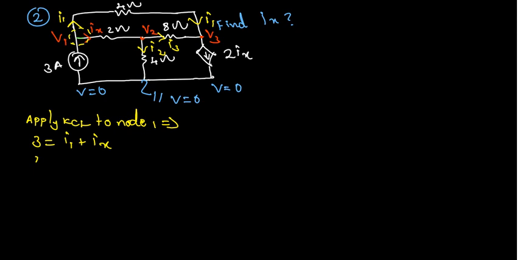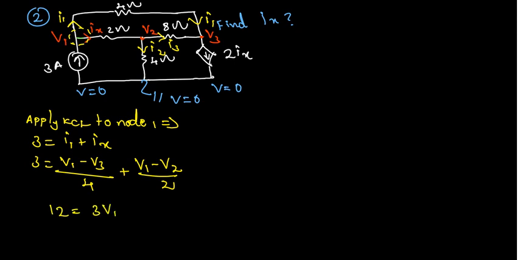So 3 amps is equal to I1, which is (V1 minus V3) by 4, plus Ix, which is (V1 minus V2) by 2. When you solve this, we come to 12 is equal to 3V1 minus 2V2 minus V3.